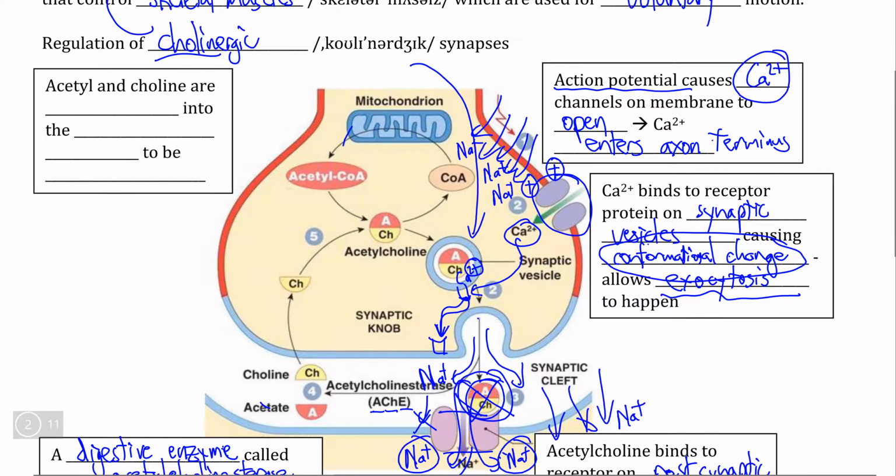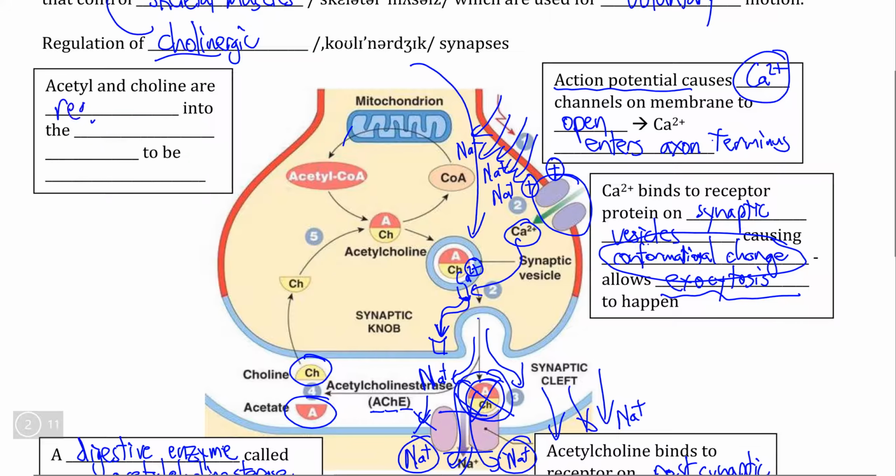Now, the elegance of this particular situation is that even though acetate and choline, the two halves that make up acetylcholine, are broken, that doesn't mean that they are wasted, because acetate and choline can actually be recycled.